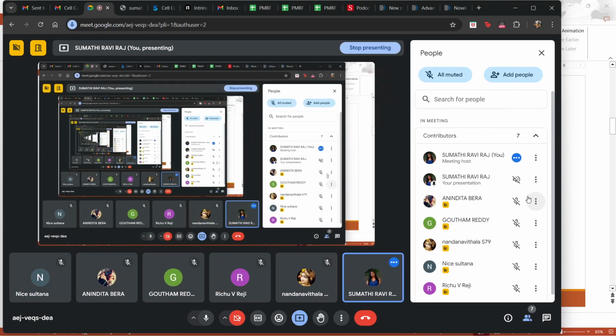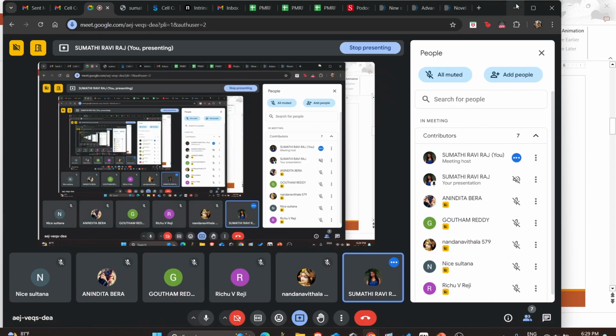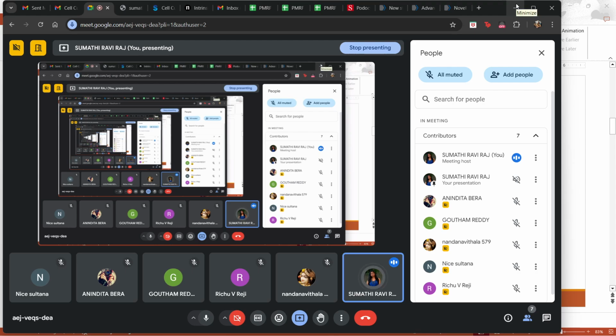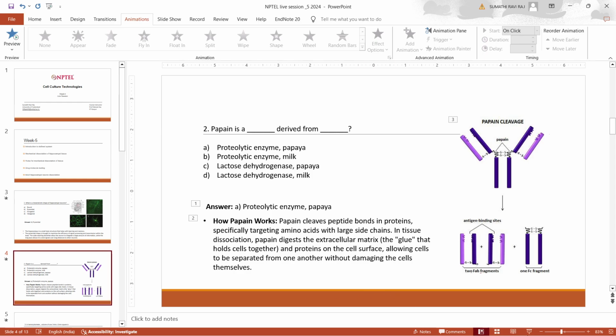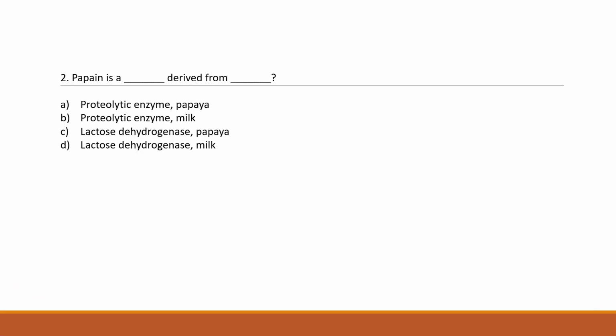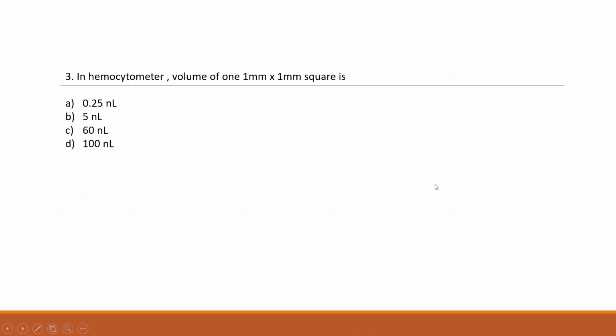Yes. At least tell me if you know the answer, if you don't know the answer. Do you know what a hemocytometer is? Have you seen it? You can tell me anything. You don't have to just give the answer. Anything that you know about it, you can tell me.